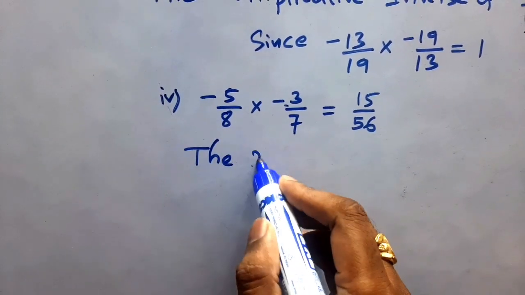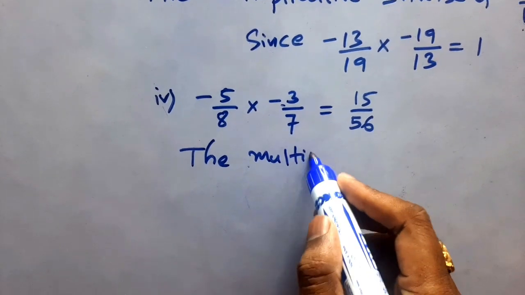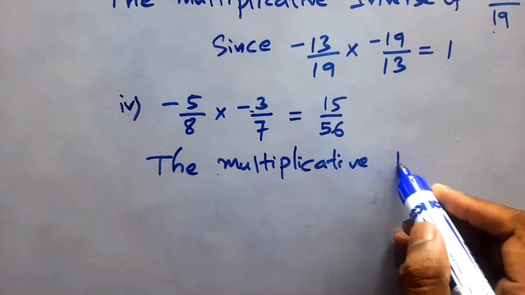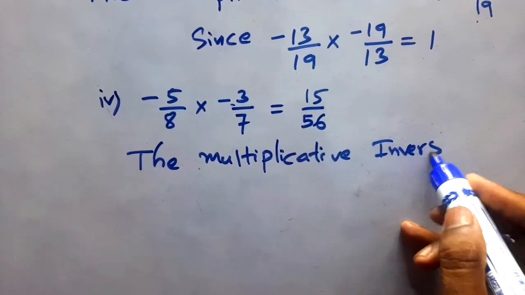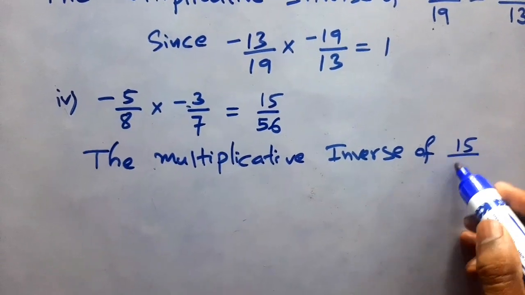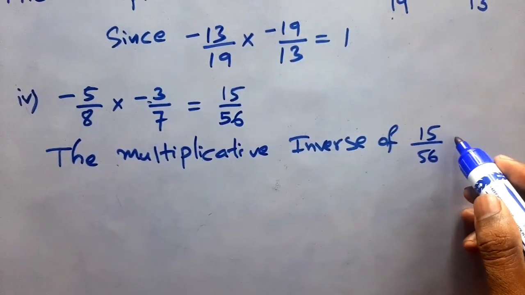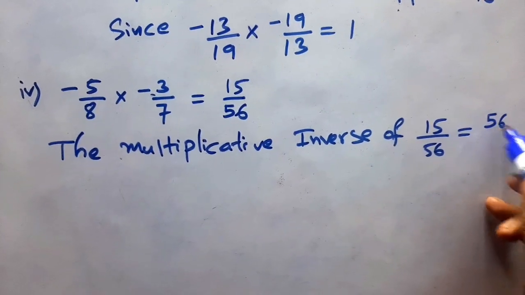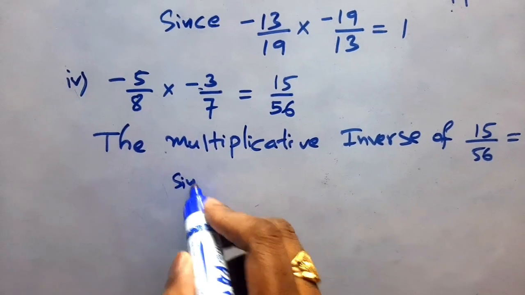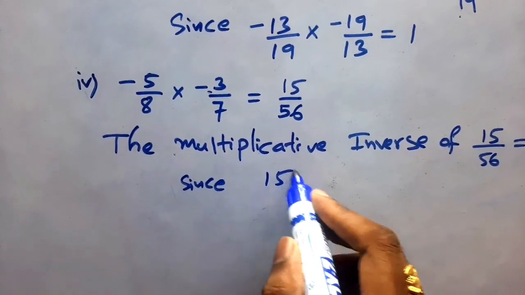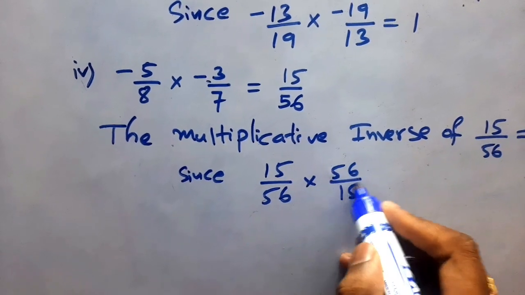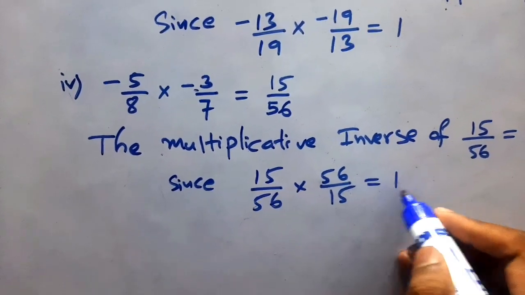The multiplicative inverse of 15 by 56, we can write 56 by 15. Since what is the reason? 15 by 56 into 56 by 15 gives value 1.